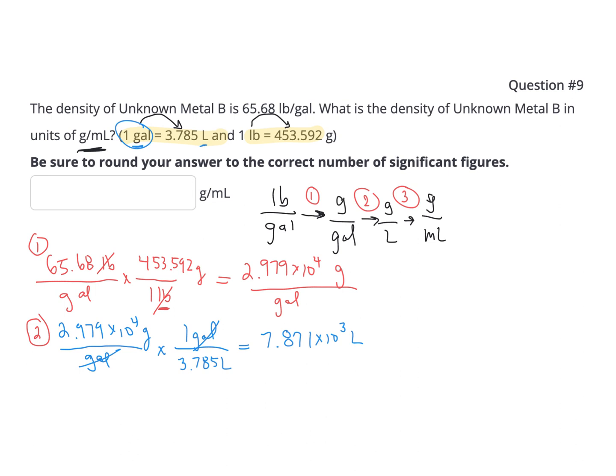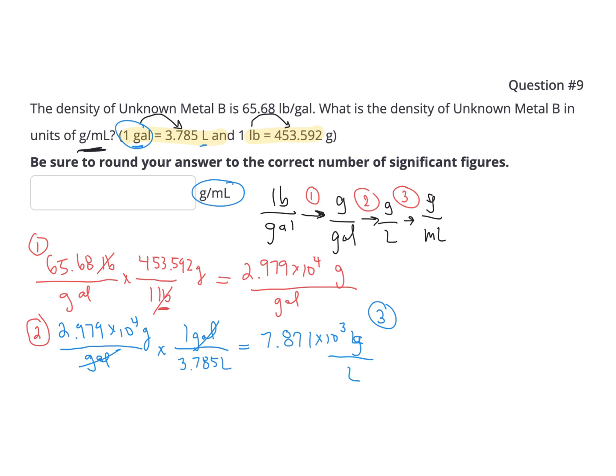Now they want this information in grams per milliliter. So we've got one more step to do because right now we've got this information in grams per liter. I dropped a unit there on accident. All right, so the last step is simply just a unit conversion within the metric system.